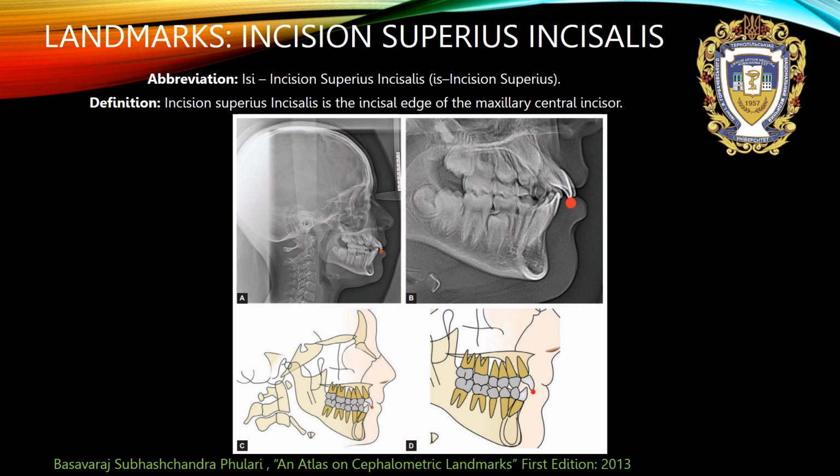Incisor superius, incisalis, is the incisal edge of the maxillary central incisor. But on this scheme, this point is marked not correctly, because we must use the most protruding incisor. We need to put this point here.